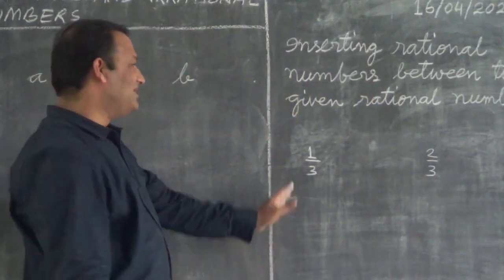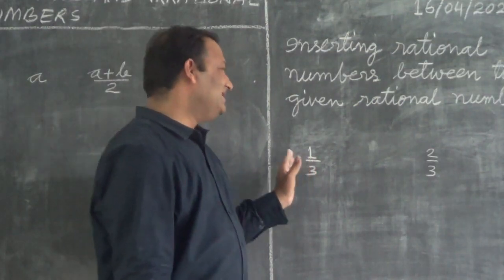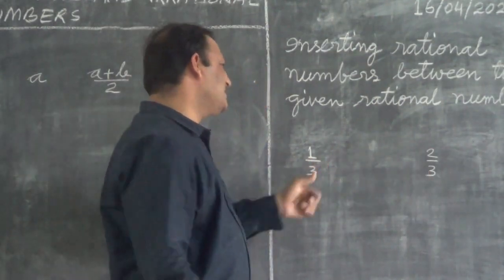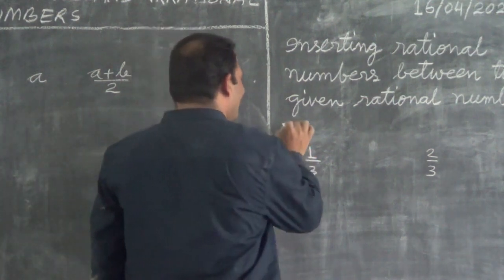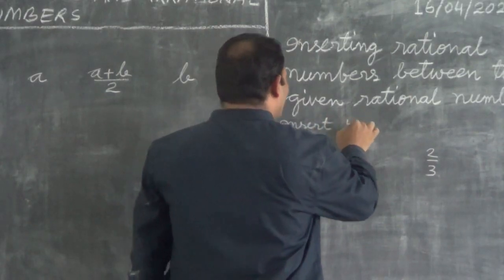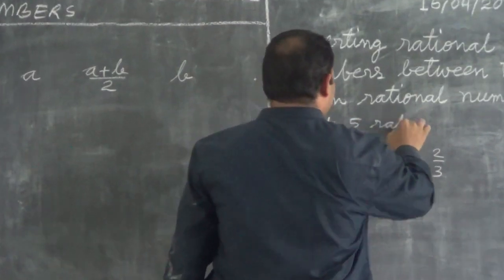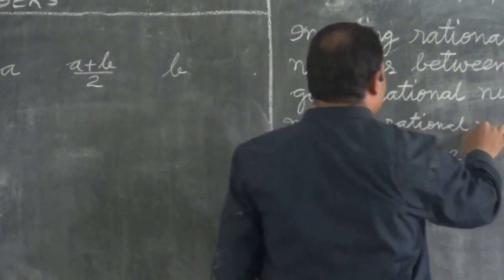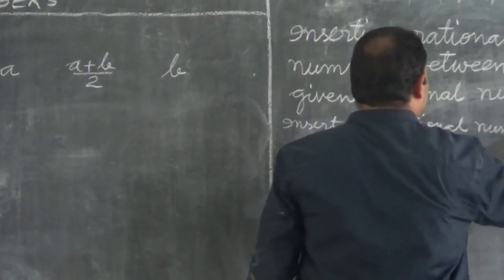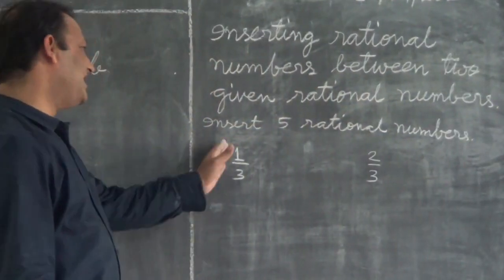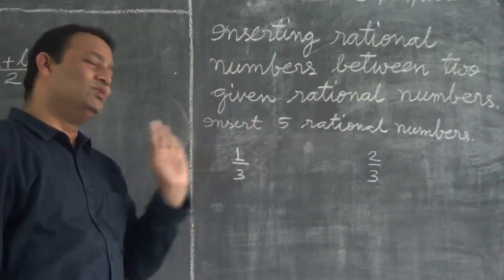These two rational numbers are such that their denominators are same. Here is the question: insert 5 rational numbers between 1 by 3 and 2 by 3.